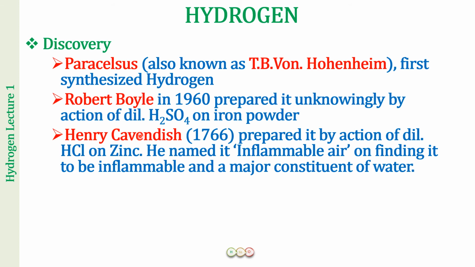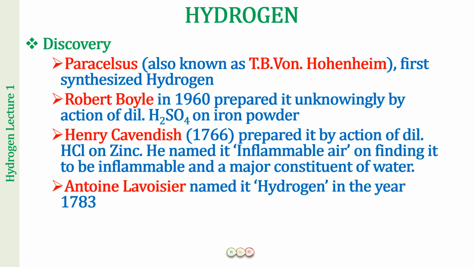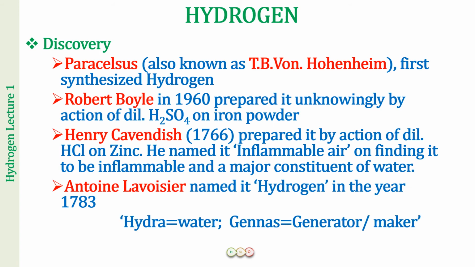But who named this inflammable air as hydrogen? The credit for naming hydrogen goes to Antoine Lavoisier. And why did he name this gas hydrogen? Well, he took the name from two Greek words, hydra and genes. Hydra means water and genes means generator or maker.